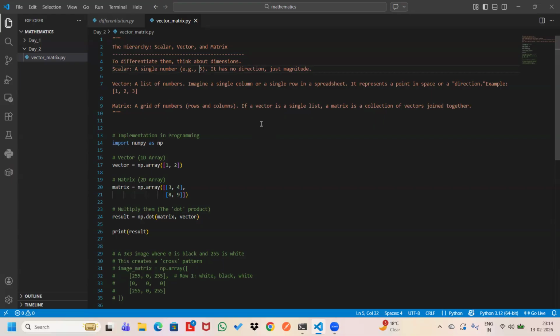Now, let's go to the vector. We have already gone through list, the data structure of Python. And in a list, we have seen that there are so many numbers.